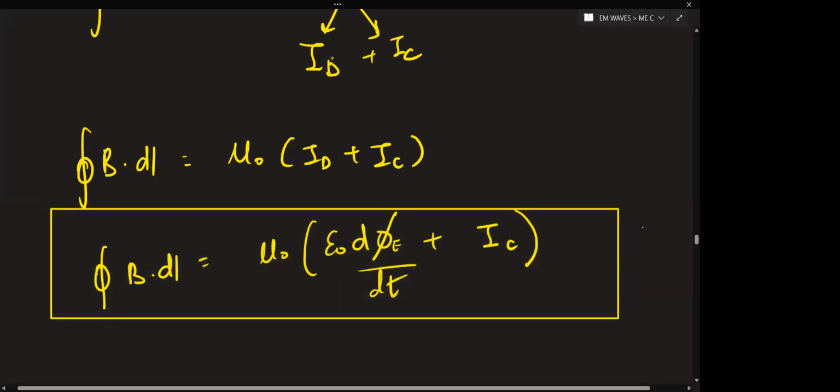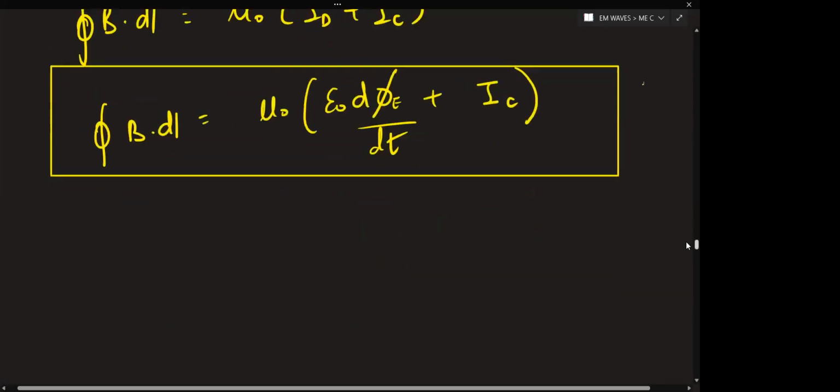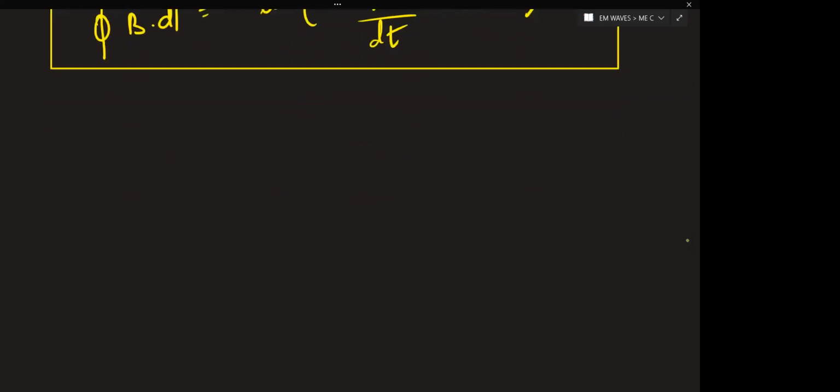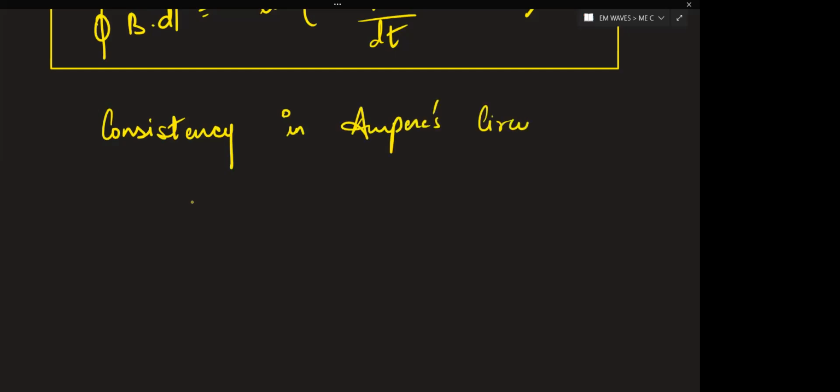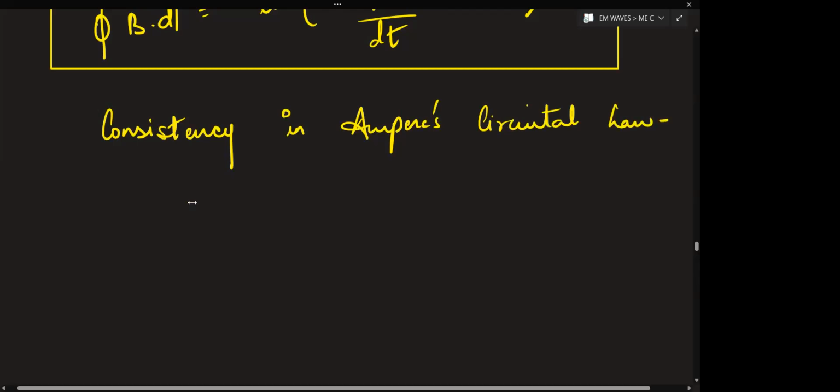Now you can even prove this. You can even check this. How to check this? Whether now it is consistent? So to check for the consistency in Ampere's circuital law, see, what is B dot dl equal to just for the second loop C2?